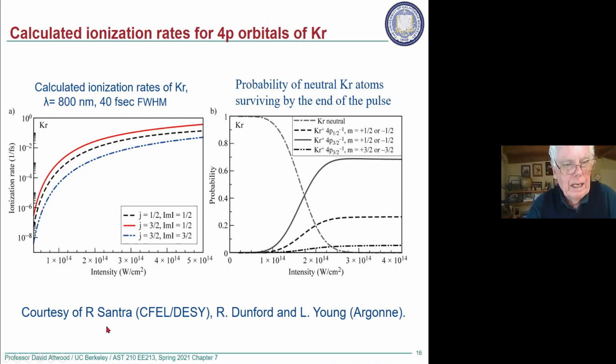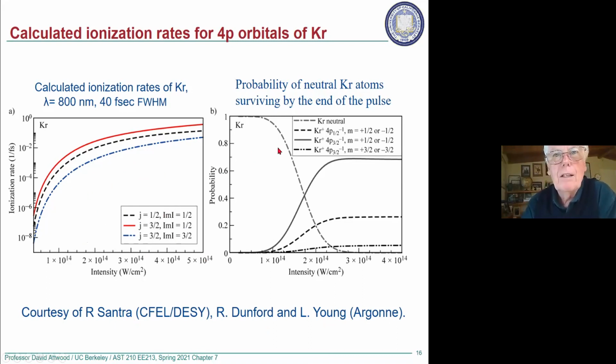Anyway, these are calculations that Robin did also. And the reason for these is because there are sublevels, and the ionization process is dependent on that. So this is showing for different initial states, which state they were in.